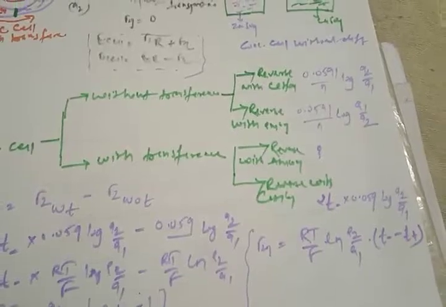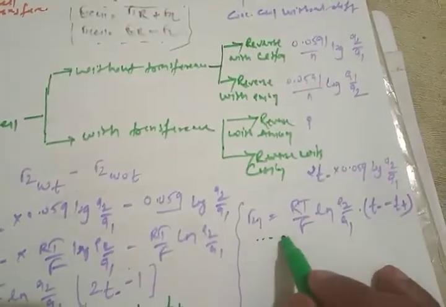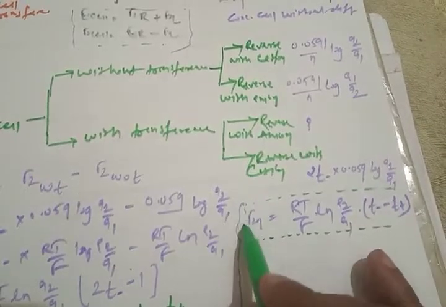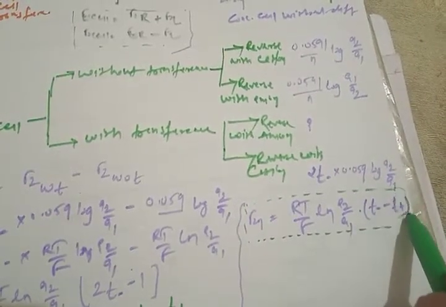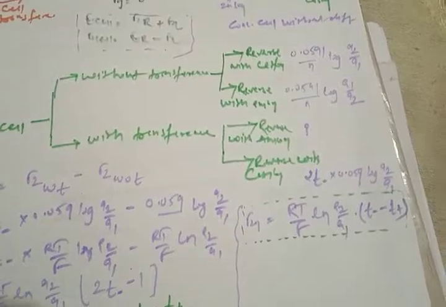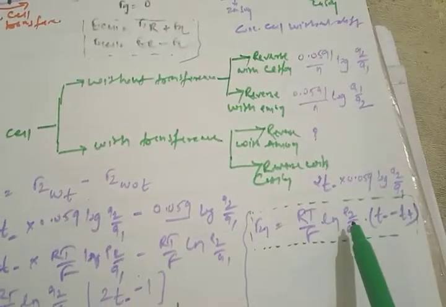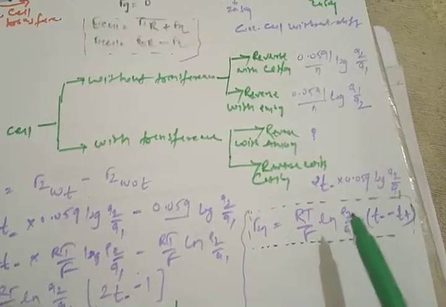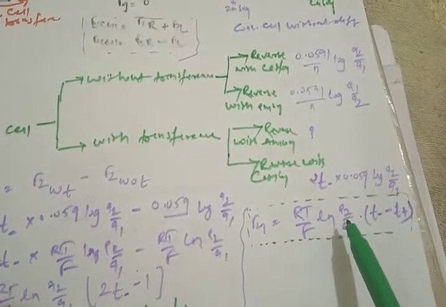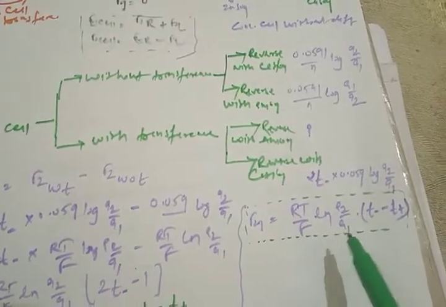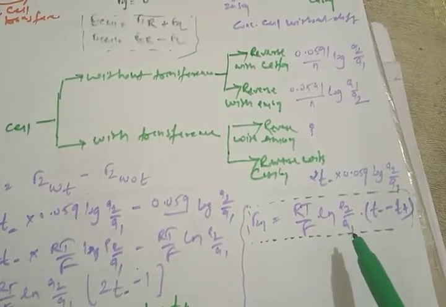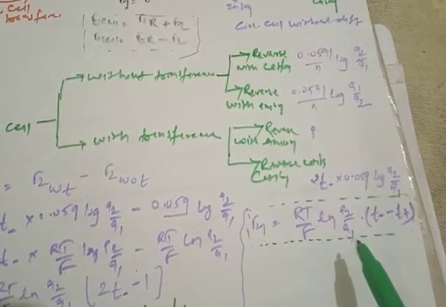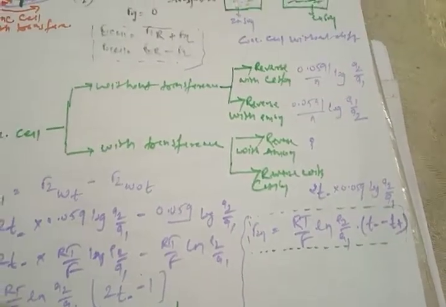So this is the final equation. If you convert this activity in terms of value, so here we can write m2 gamma 2 upon m1 gamma 1, this we can write here. That is again a form of activity, sorry, the value of junction potential.